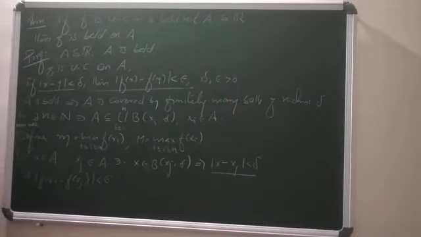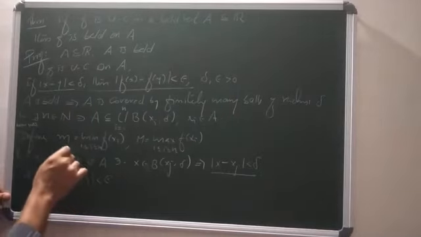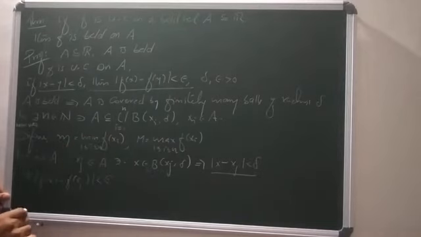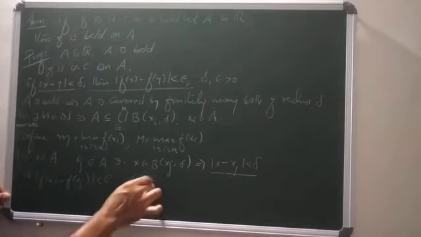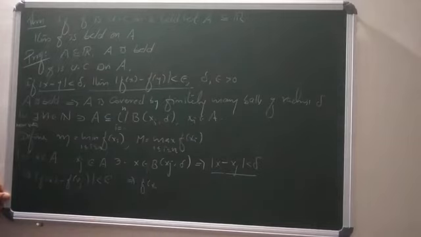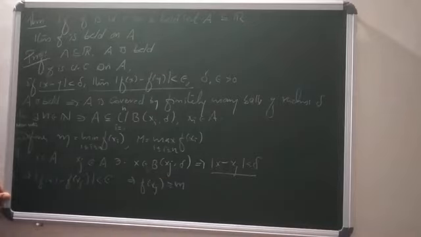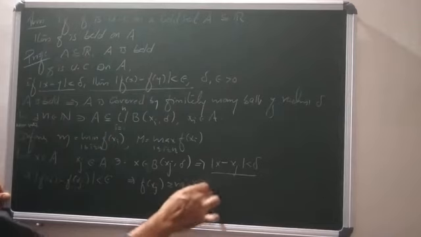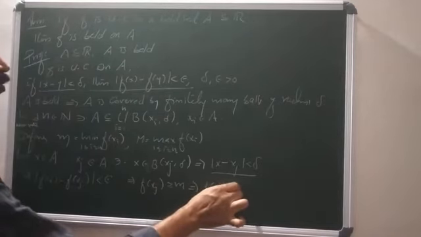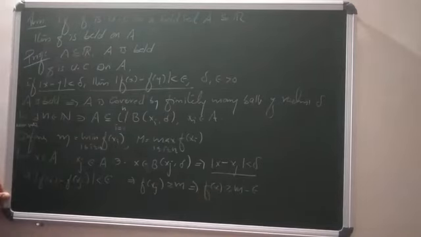Okay. But small m is the minimum value of f of x_i, so f of x_j is greater than or equal to m for all j. That means f of x is greater than or equal to m minus epsilon.